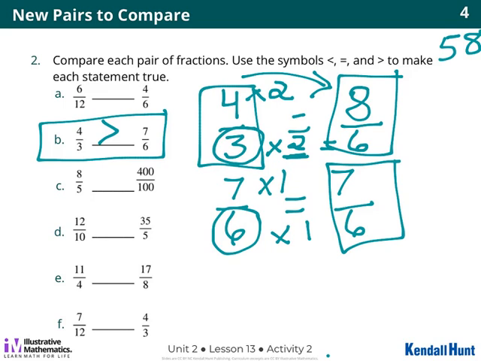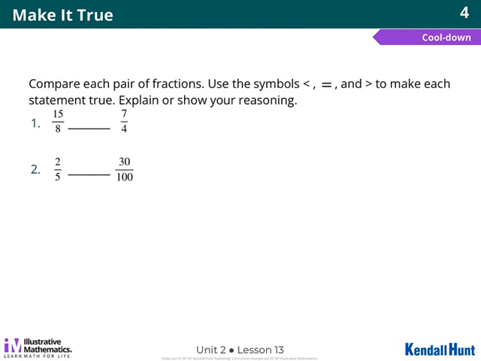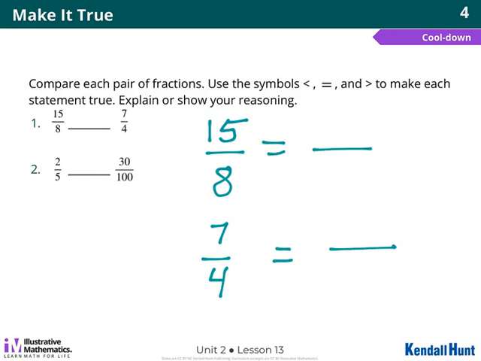Okay, this was our first day of doing this, guys. We will continue practicing this the rest of the week, but let's look at our cool down before I send you off. So our cool down has 2 questions. If you're showing your thinking, I should see your fractions rewritten vertically, and I should see those equivalent fractions, right?